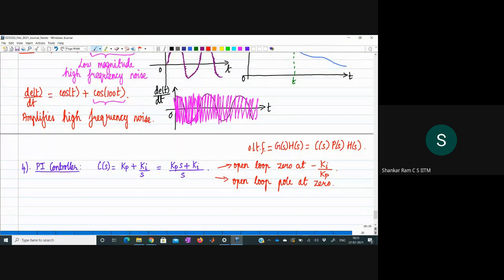A pole associated with the controller transfer function becomes an open loop pole, and a zero associated with the controller transfer function becomes an open loop zero. That is very important for us to remember.